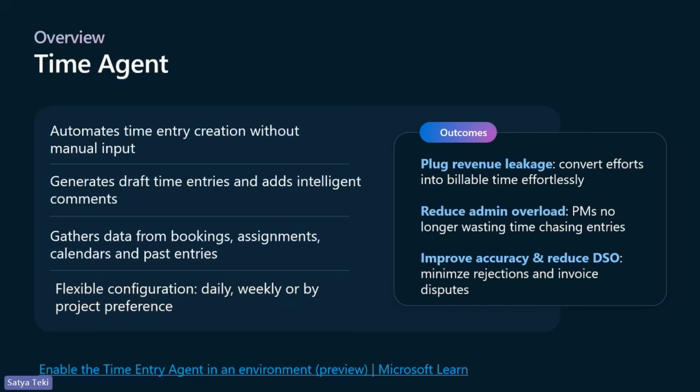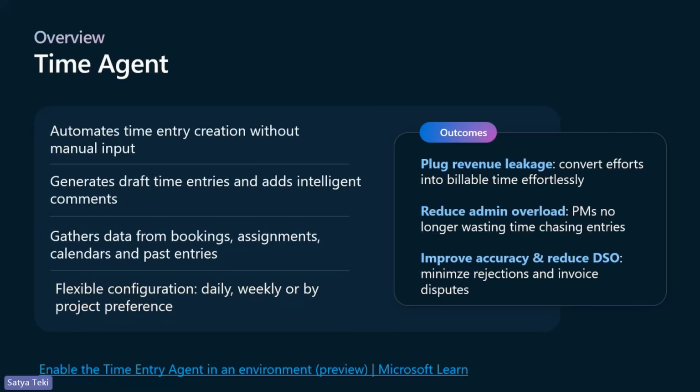It uses multiple data sources, including project booking, project assignments, historical time entries, resource working hours calendar, and Outlook calendar meetings. Powered by Microsoft Copilot Studio and Dynamics 365 Project Operations, the time agent intelligently understands and consolidates data from these sources, eliminating duplication and generating time entries at a frequency defined by each user.